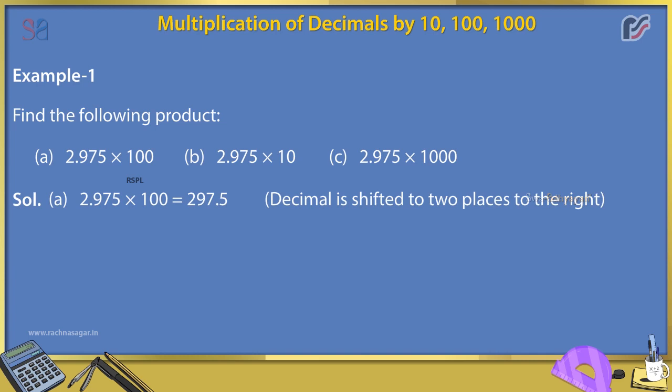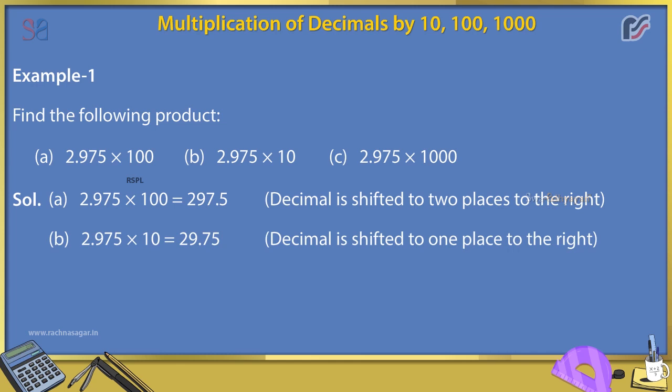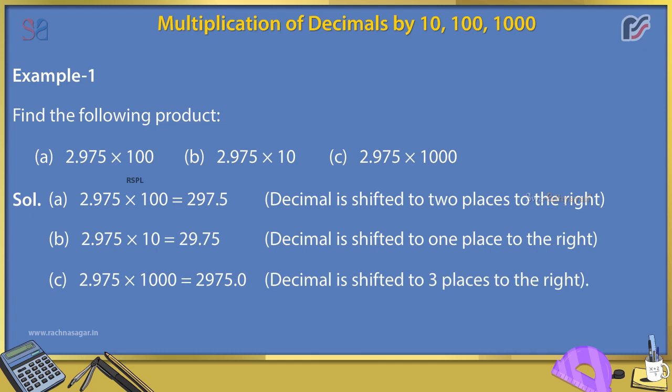Decimal is shifted 2 places to the right. B. 2.975 into 10 is equal to 29.75. Decimal is shifted 1 place to the right. C. 2.975 into 1000 is equal to 2975.0. Decimal is shifted 3 places to the right.